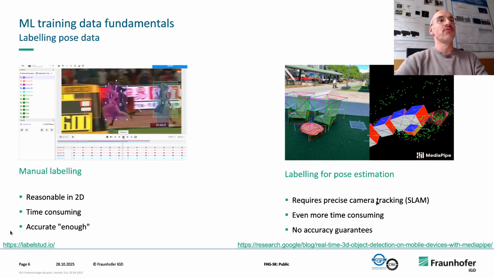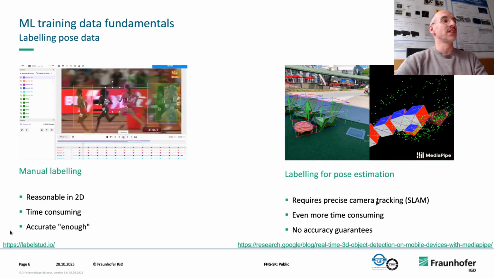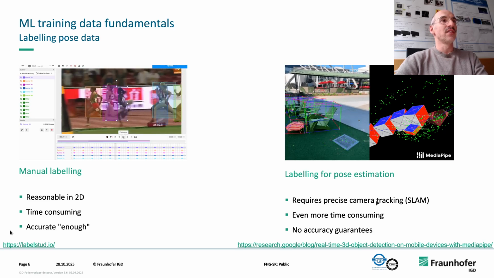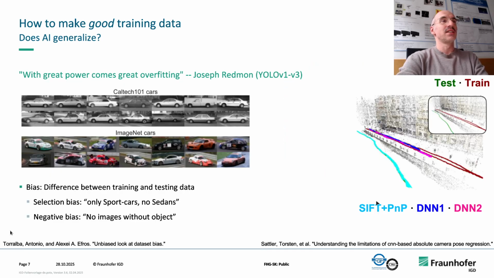another problem of machine learning data generation, and this problem is dataset bias. Because our expectation of training is that we give the neural network some training examples, and the neural network will then generalize to our testing environment. But unfortunately, this does not work without further considerations.